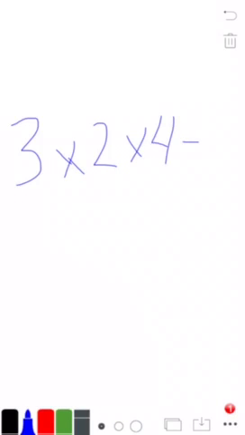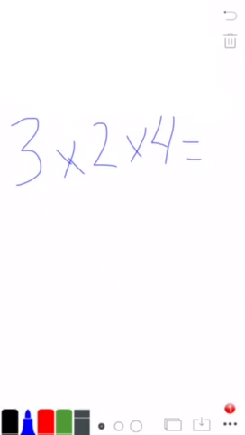We also practice multiplication with more than just 2 numbers. Maybe we're multiplying 3 numbers. So if we had a problem like 3 times 2 times 4, we said that the way you would solve this problem is pick 2 numbers to start with. I don't care which two numbers you multiply first.